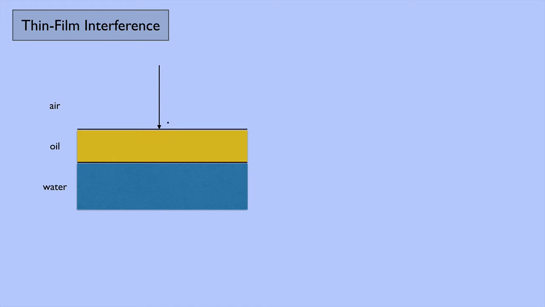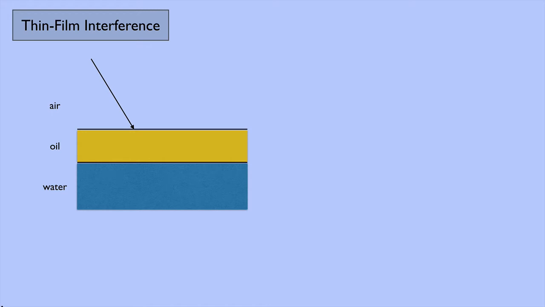And that's going to be kind of hard to draw if I have all of my light rays perpendicular. Everything's going to be on top of one another. So instead, I'm going to draw it so that the arrow is coming in at an angle. But just keep in mind, I'm doing this just so that you can see what's happening. In reality, I'm looking at light rays that are perpendicular to the surface.